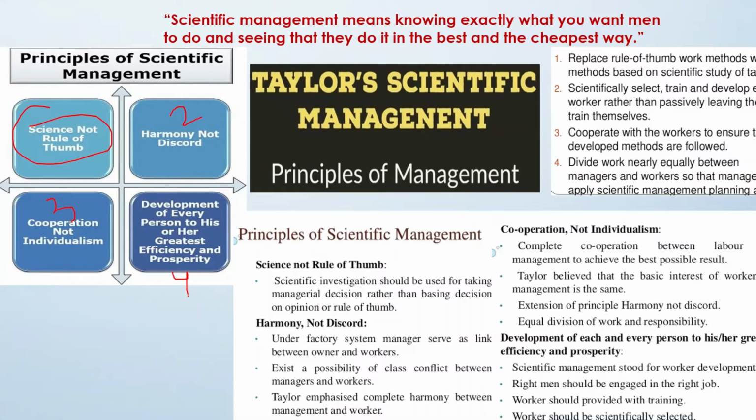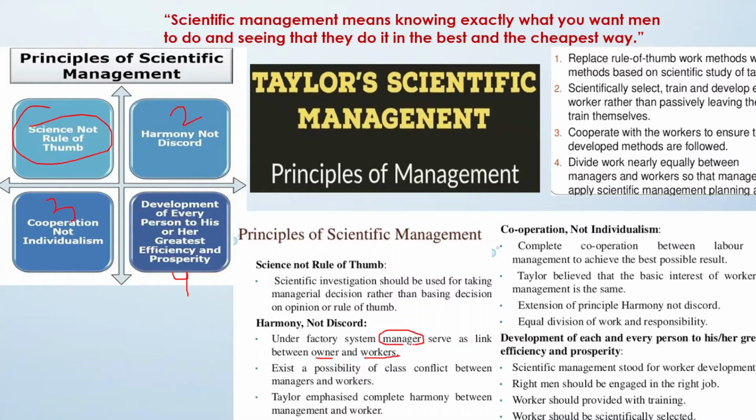They are the middleman between the owner of the factory and the workers working there. The owner is not going to come every day to see the work. So there is a manager who is taking care of the everyday job and he is reporting to the owner. So there is always a possibility of conflict between this manager and the worker. Right.